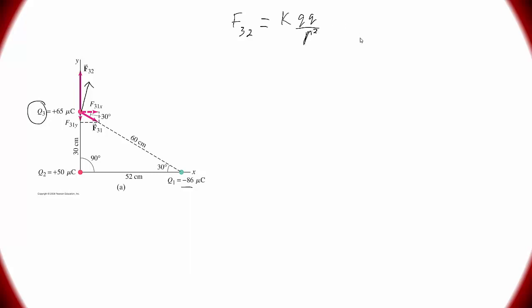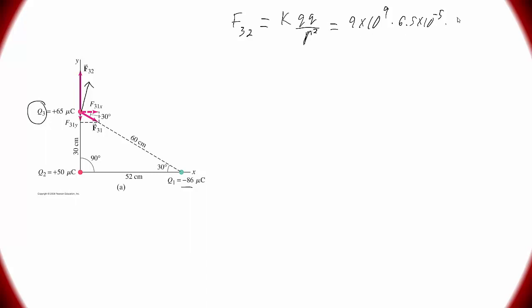Okay, r squared. So I'm just going to use 9 times 10 to the 9th here for k. I've got one charge is 65 microcoulombs, so that's 6.5 times 10 to the negative 5th coulombs. You do need to write it that way because of the units with k here.